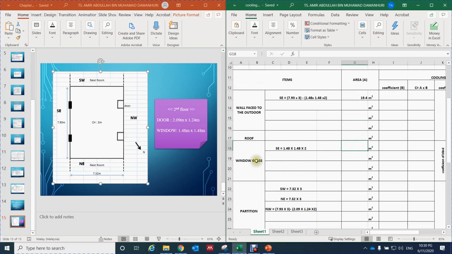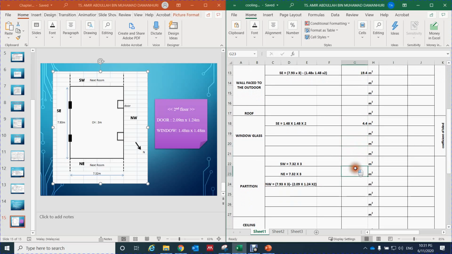And then for the window glass, 1.48 times 1.48 times 2 is 4.38, but we can go into 4.4 here.